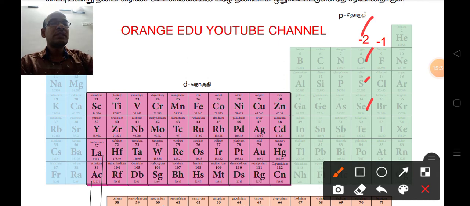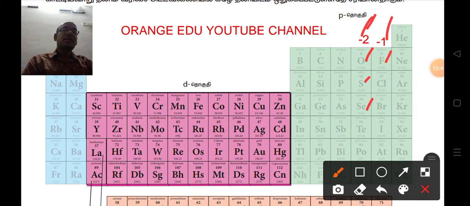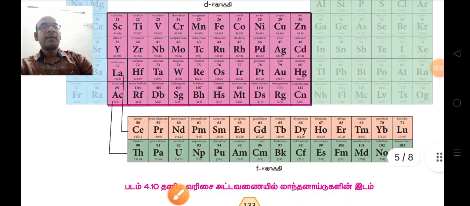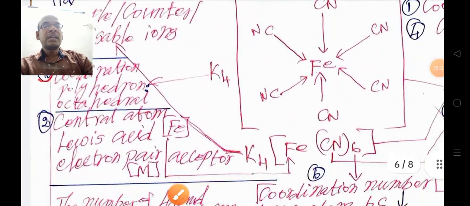Halogens, that is simply halides, have the minus 1 charge. Using this we can find out the net charge on the complex ion.